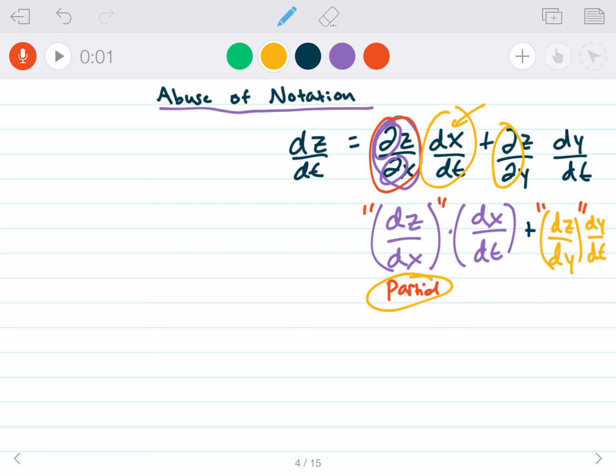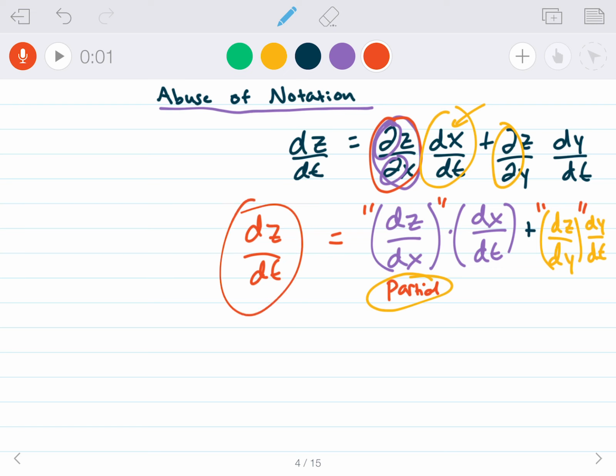The reason is that you're going to see what looks to be cancellation, and it's going to give you some intuition of how to set up the problem.